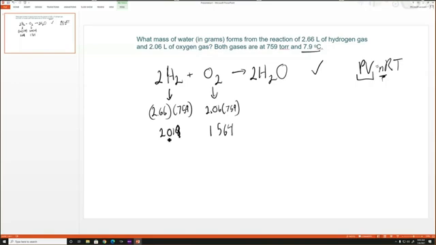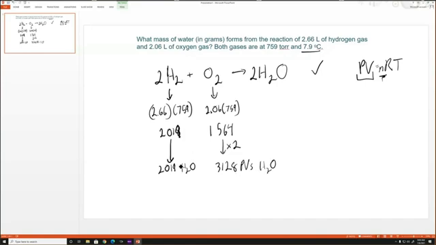This means that 2019 PVs will make 2019 PVs of water. But O2, it's a 1-to-2 ratio. This means that 1,564 PVs will make double the amount of H2O. So 1,564 times 2, and that's going to be 3,128 PVs of H2O.